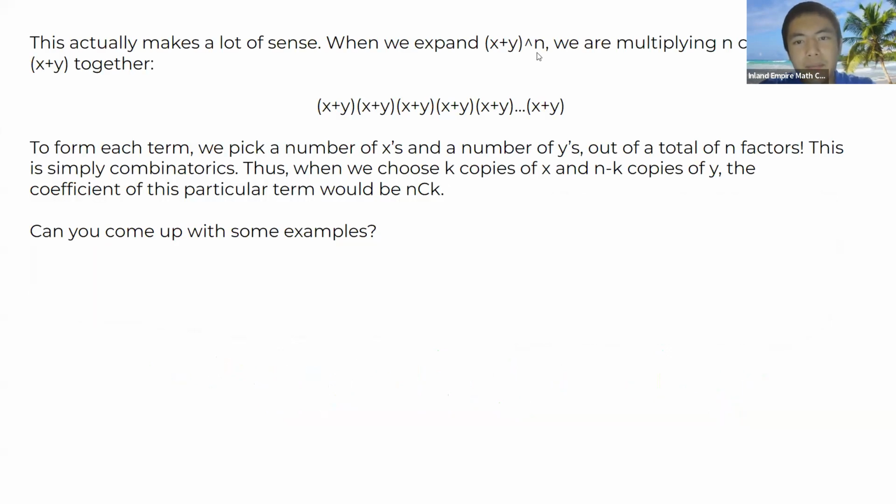So indeed, this actually makes a lot of sense because, again, guys, remember, what is a combination? Right? What is a combination? A combination is just the number of ways to choose r objects from a total of n objects, right? So that means when you're expanding x plus y to the n, you're simply multiplying n copies of x plus y together, right?